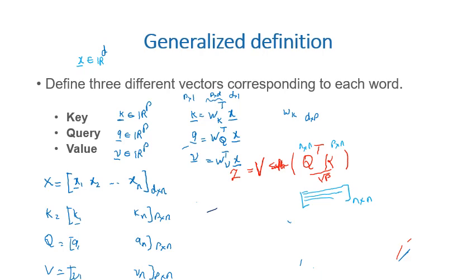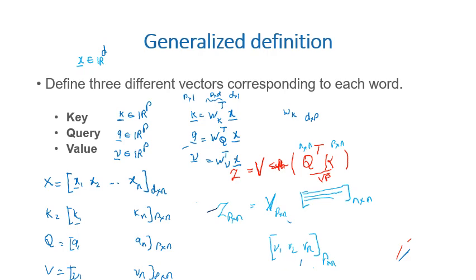And then you multiply this by V, and V is P by N. So you have P by N times N by N. You're going to generate Z, which is P by N, and this Z is the new values. This V is P by N: V1, V2, up to Vn.